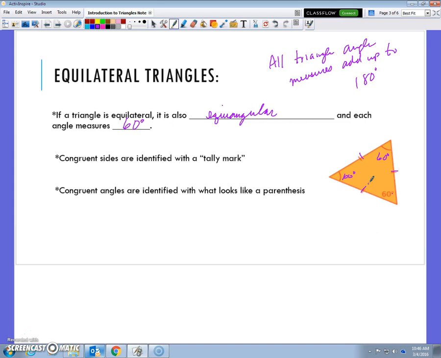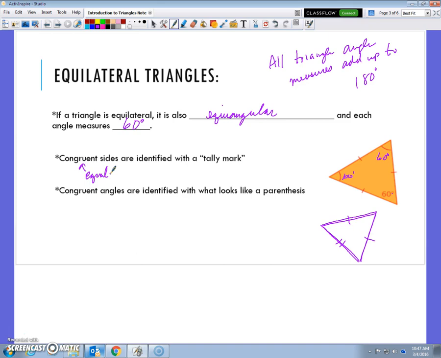If 2 of them had 1 tick mark and 1 had 2 tick marks, let's just pretend I had this triangle and I had 1 tick mark there, 1 tick mark there, but this one had 2 tick marks, I would know that only these sides are the same distance, and this side is a different distance than the other 2. Otherwise, it would also have only 1 tick mark or tally mark. Okay, so congruent or equal side lengths, congruent, equal sides have a tally mark on them.